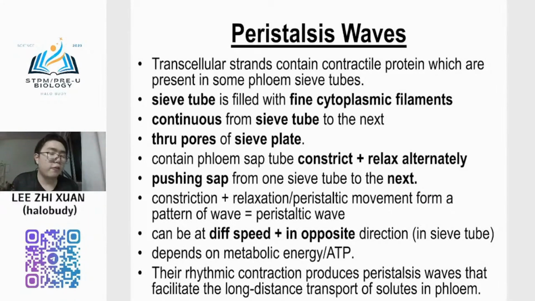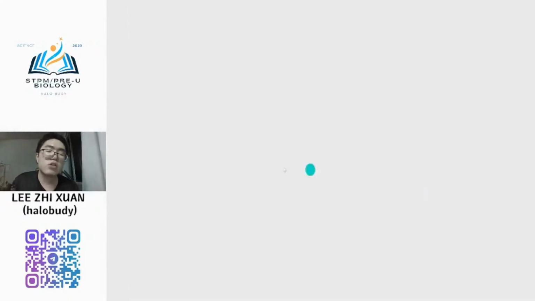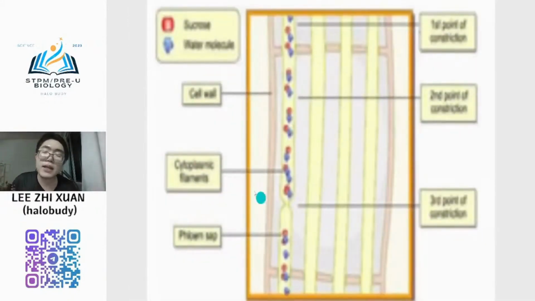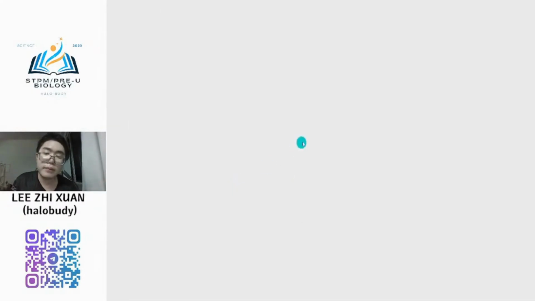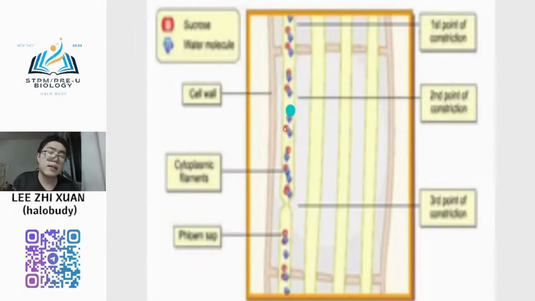And the final one is about the peristaltic wave. It is one type of wave that is produced in the plant that transports the solute particles from the source to the sink. Normally this one uses the cytoplasmic filaments found in the phloem sieve tube.